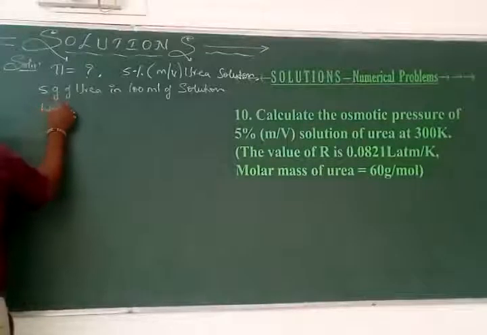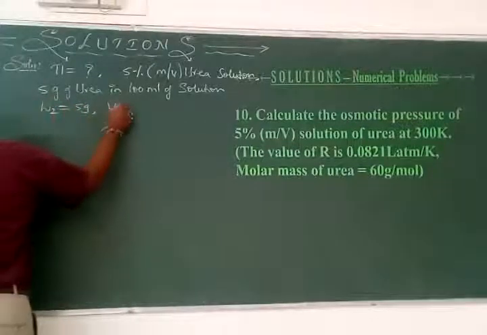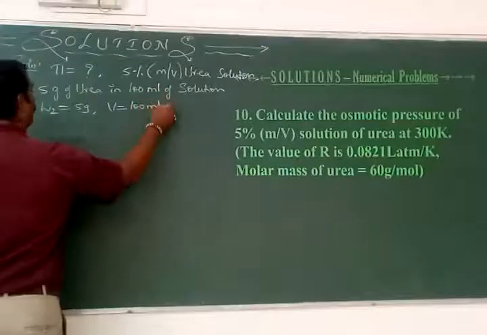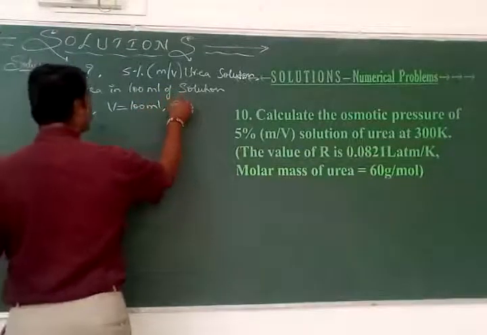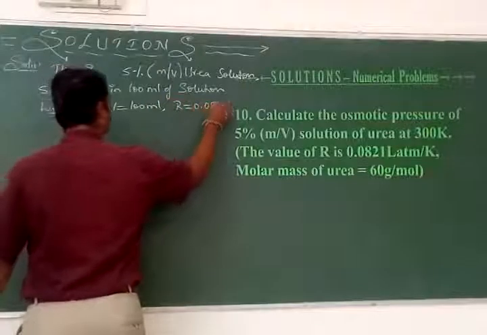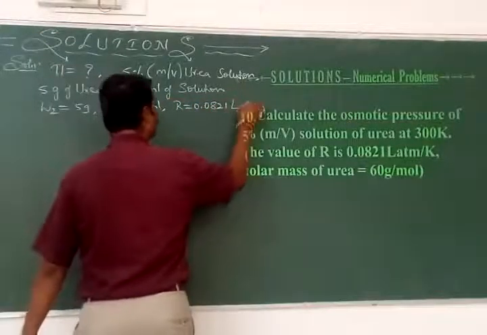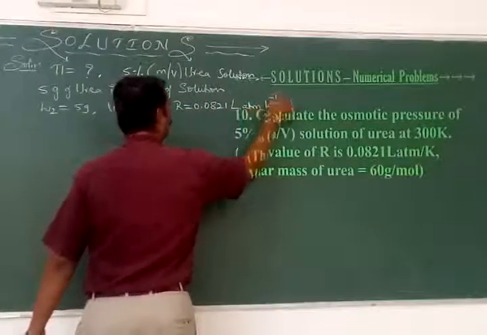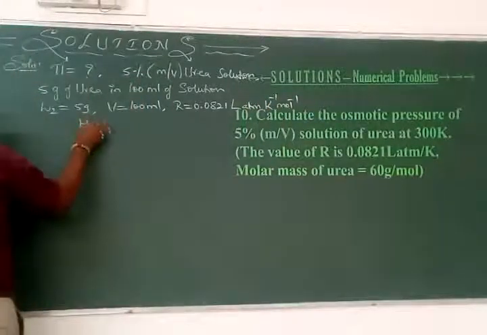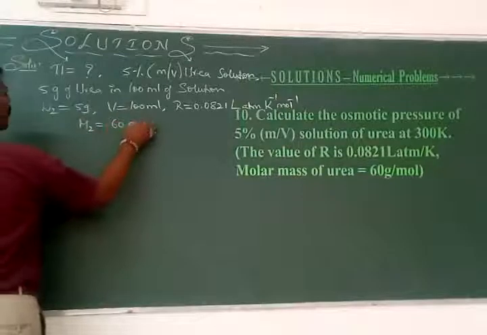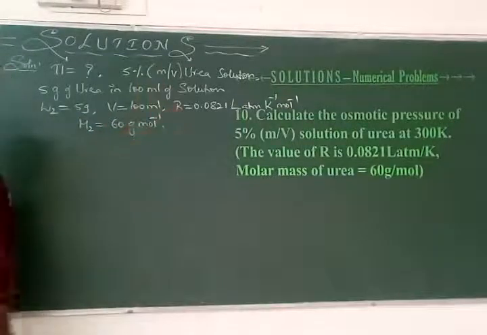Means W2 is equal to 5 grams, V is equal to 100 ml. Okay, V is equal to 100 ml. And R is already given as, what is that R value? 0.0821 liter atmosphere per Kelvin per mole. And the molecular mass of urea, M2, is equal to 60 gram per mole.